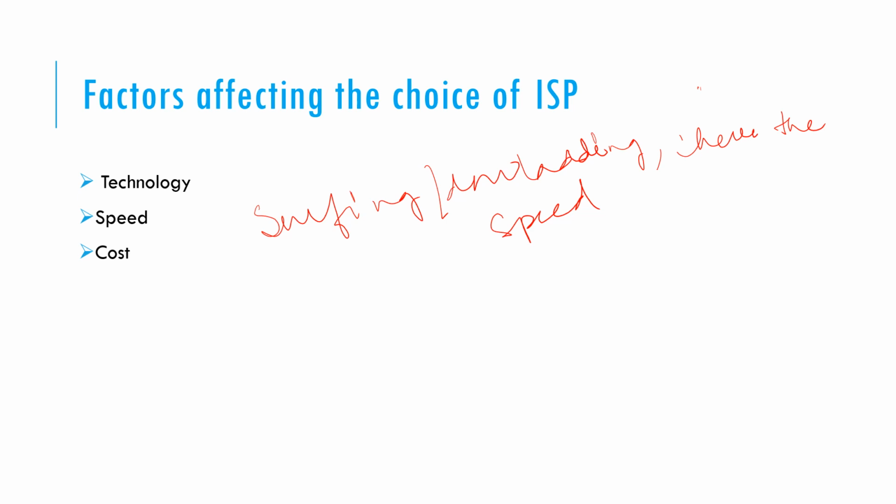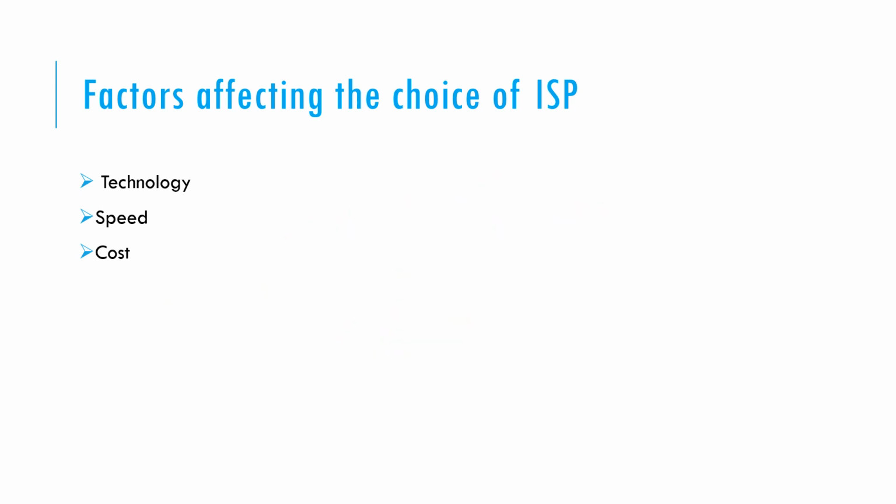The cost of the internet depends on the type of connection and speed. Next comes the usage. We must check whether there is any limit to the internet usage in our plan.